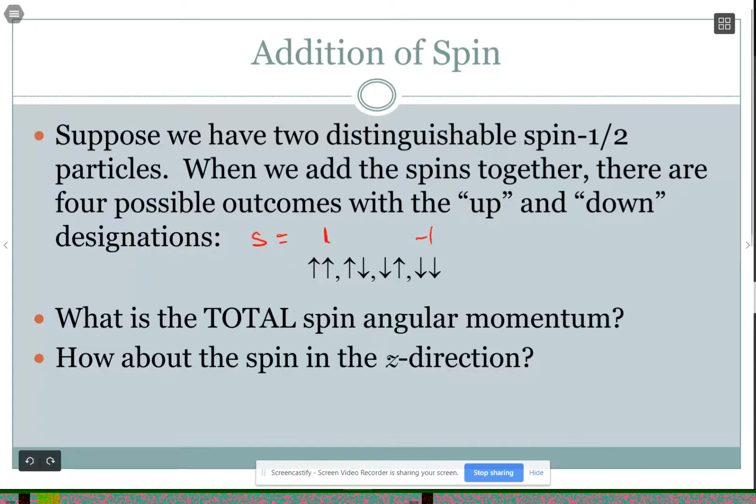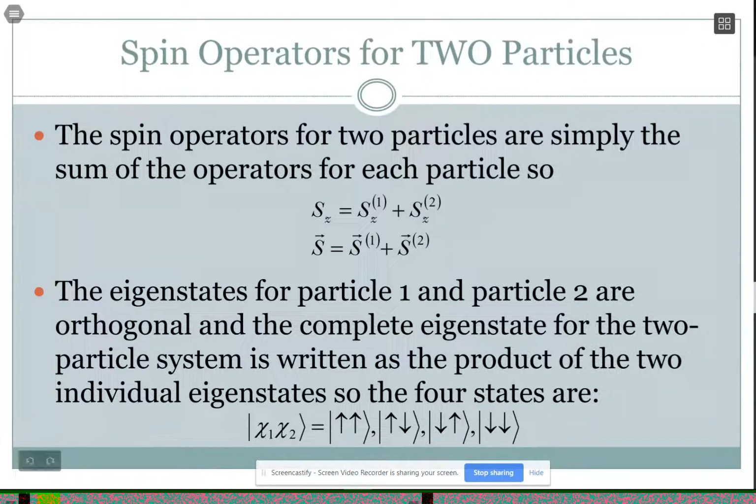What about the two in between? They're both 0. So what we have here is 4 states. We have a 1, then 2 of them at 0, and 1 at -1. It's going to take a little bit more complexity to think about this.